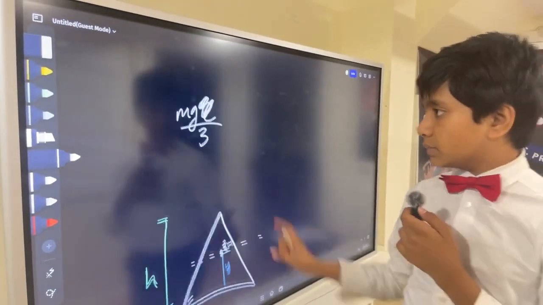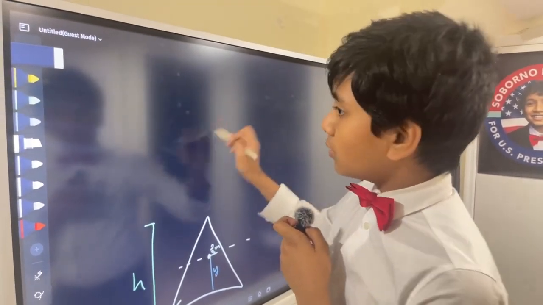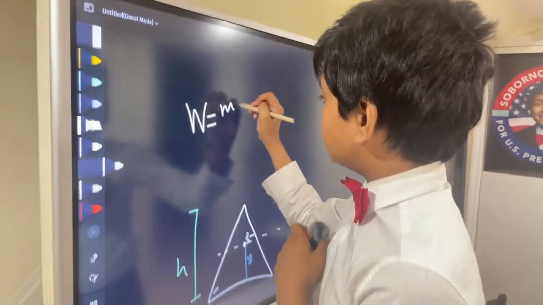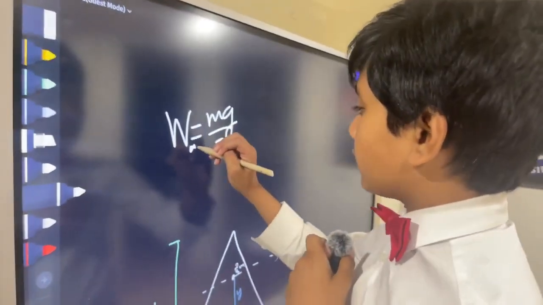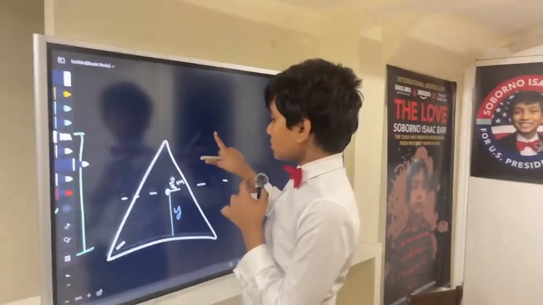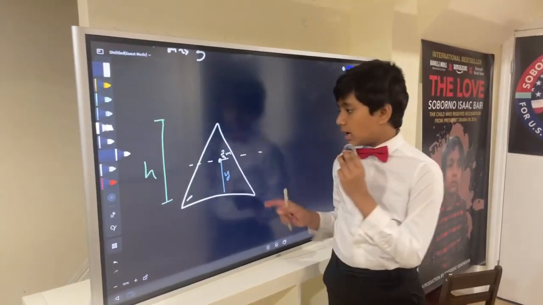So, some length L over 3. That basically tells us the most weight it can handle is mg over 3 for each leg. We're not going to do that demonstration right now.